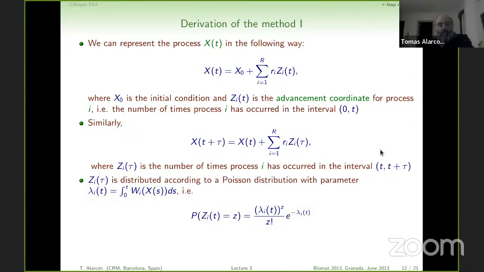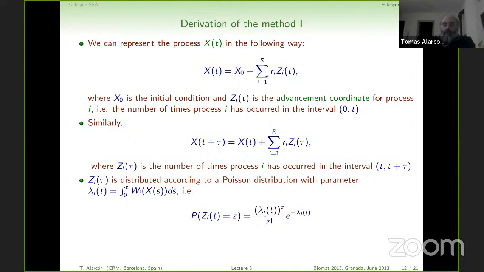Now, because we know that the system is Markov and the waiting time between events is exponentially distributed, this zeta I here is distributed according to a Poisson distribution.